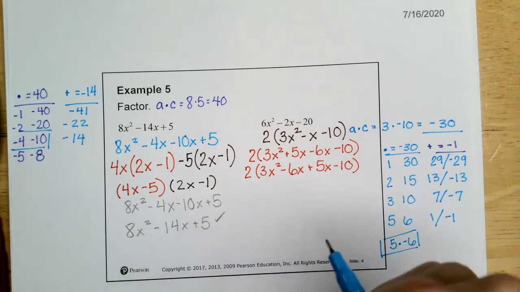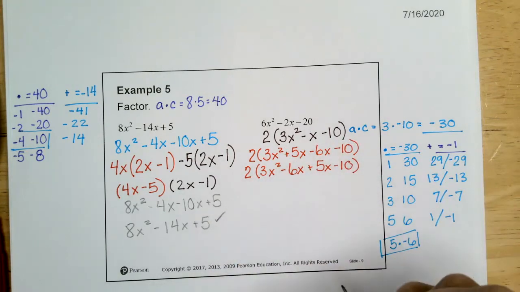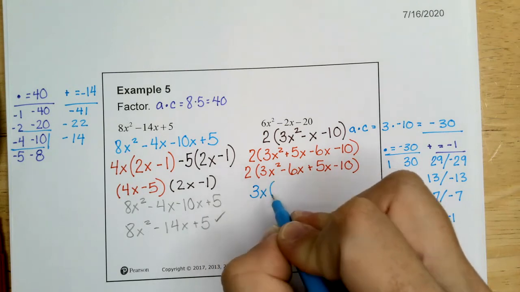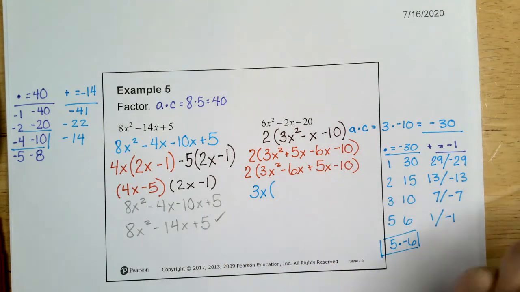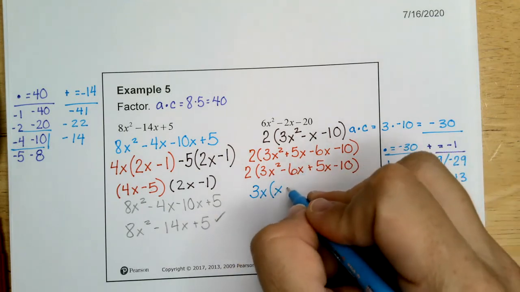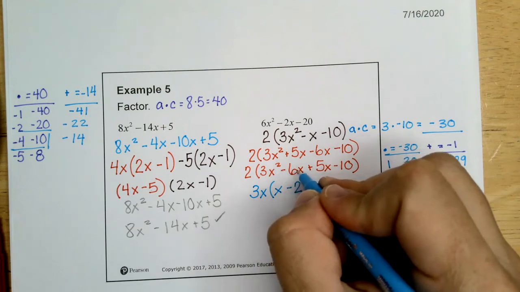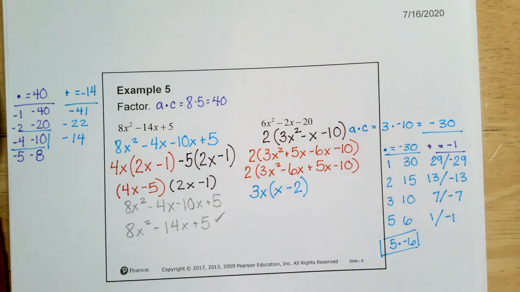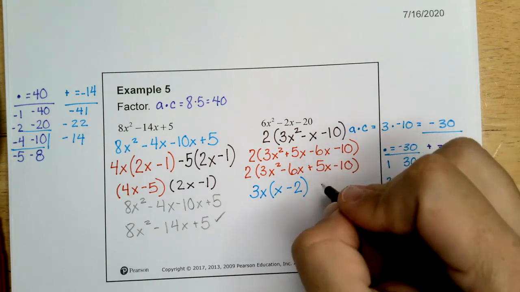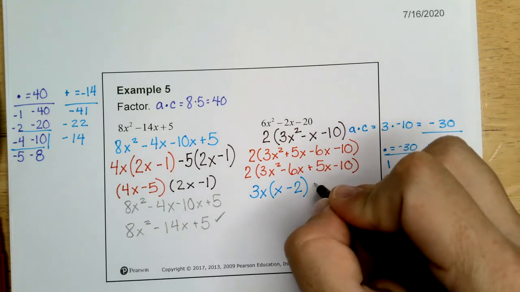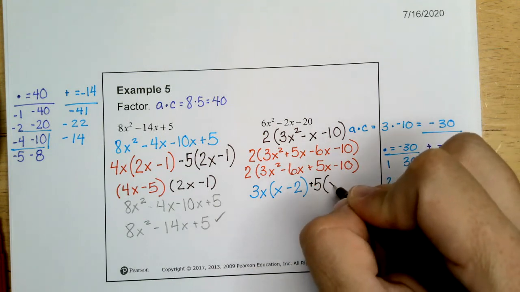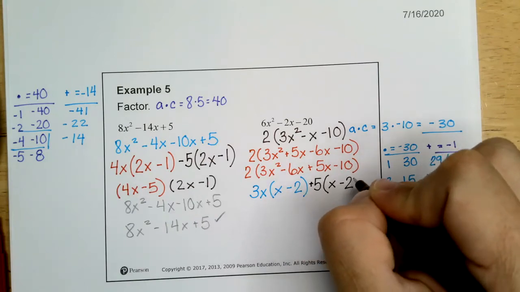All right. 3x squared and -6x, the biggest factor is 3x, right? 3x squared would be 3x times x, minus 2 if I want to get a -6x, right? And then over here, we have a 5 and a 10, only one x, so all I can factor out is the 5. x minus 2.